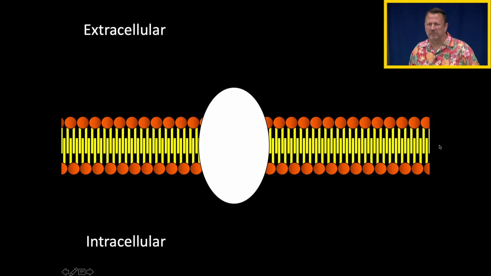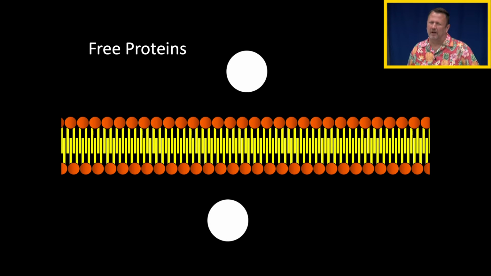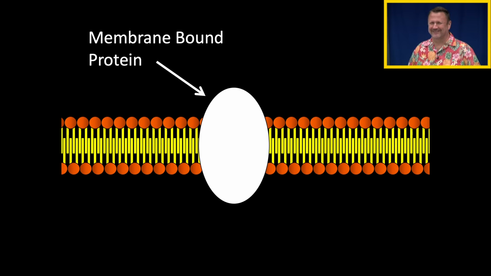That's my phospholipid bilayer. This is the extracellular space outside of the cell, and this is the intracellular space inside of the cell, each and every time. And we will talk about free proteins in pharmacology, but when we use this diagram right here, we will be talking mostly about membrane-bound proteins.